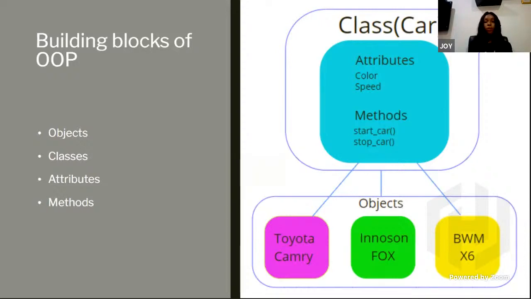We have a class Car, and inside that class, we have 2 attributes and 2 methods. Then this class can be instantiated to form objects, which are the Toyota Camry, Box, and BMW X6 that we have. Subsequently, I'll break each of these building blocks down so that everybody can understand them.